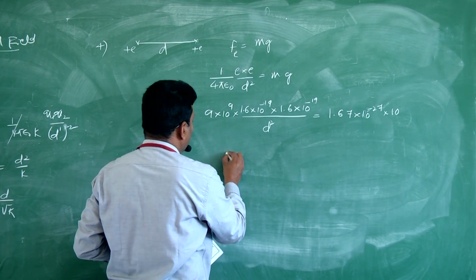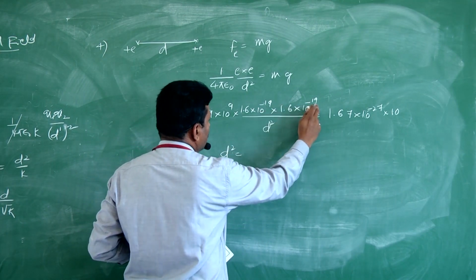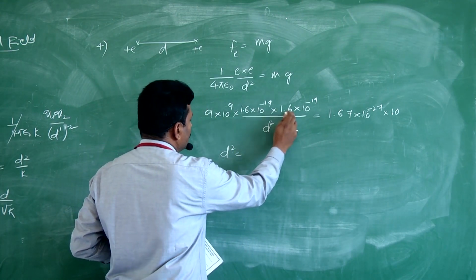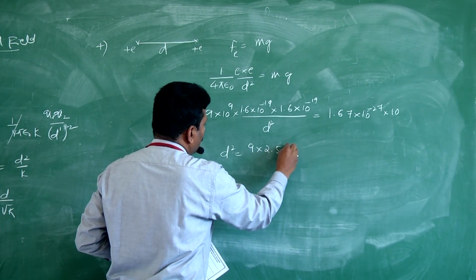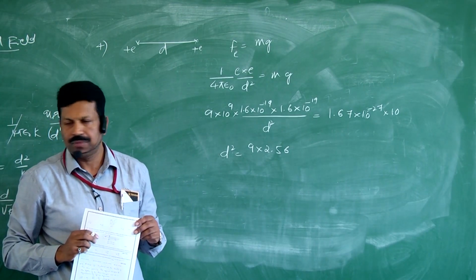Now d squared is equal to... so, simplification: minus 19 minus 38, correct? So 1.6 into 1.6, I'll take this as 9 into 2.56, because 16 into 16 is 256, correct?